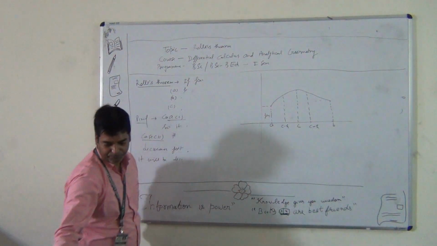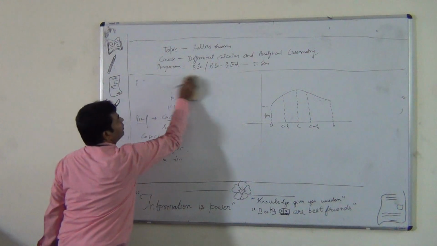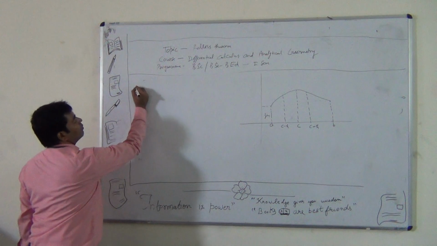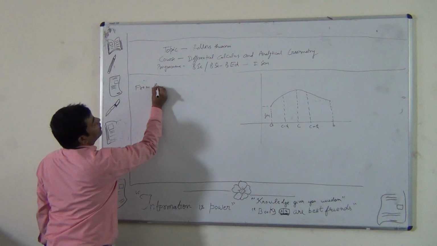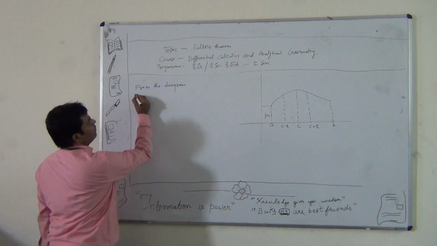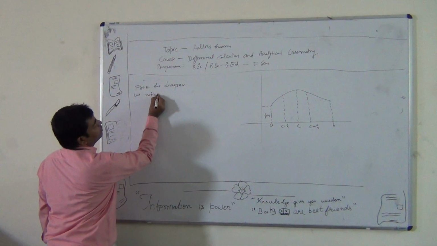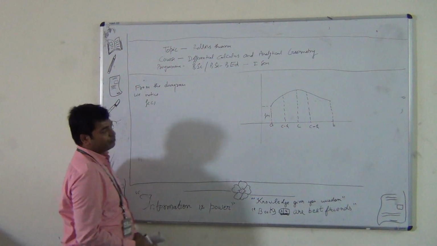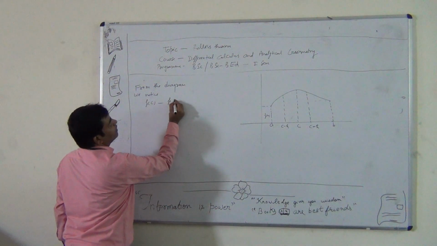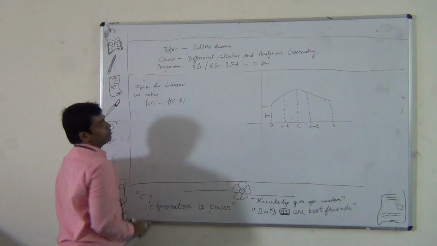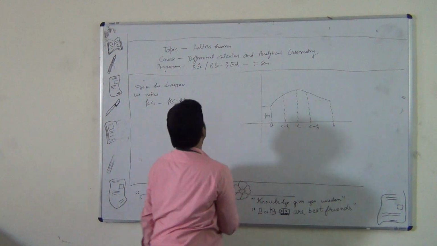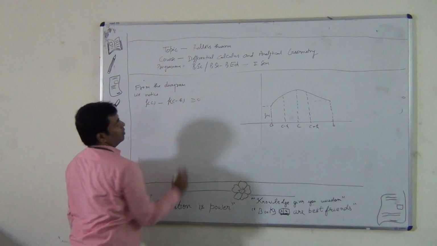From the diagram we notice that f(C) minus f(C minus h), where f(C) is greater and f(C minus h) is less, is always greater than or equal to 0.